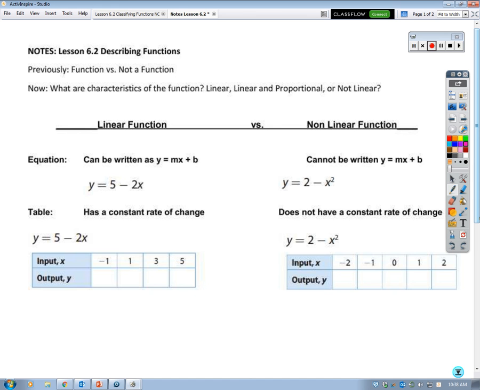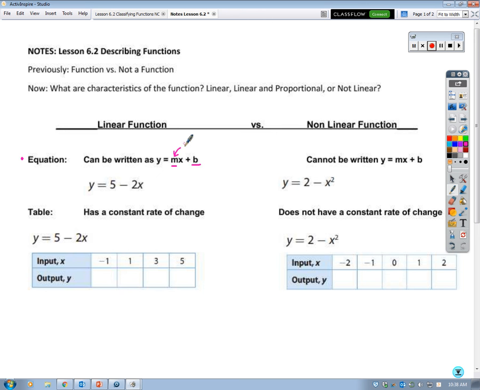Okay, so let's jump right in. If we have a linear function and we're looking at an equation, the first thing we want to notice is that it can be written in y equals mx plus b form. That's our slope-intercept form, and that means this is our slope, which means it has a constant rate of change, and this is our y-intercept.